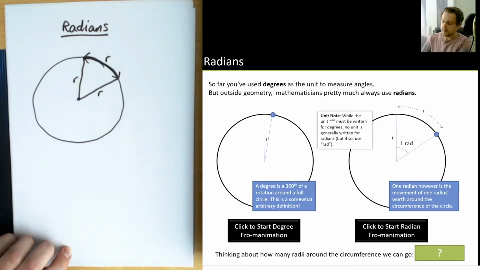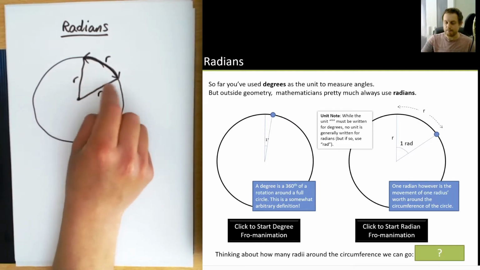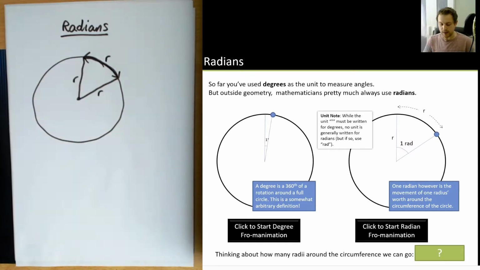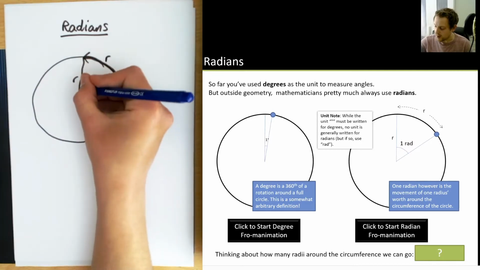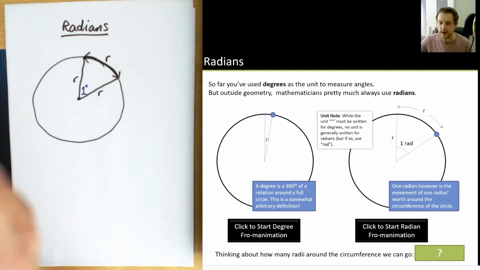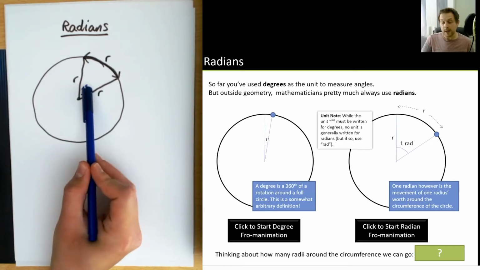The arc length for this sector needs to be the same length as the radius. What that does is it defines a particular angle. It defines 1 radian.